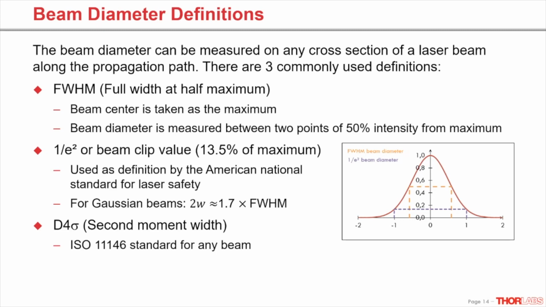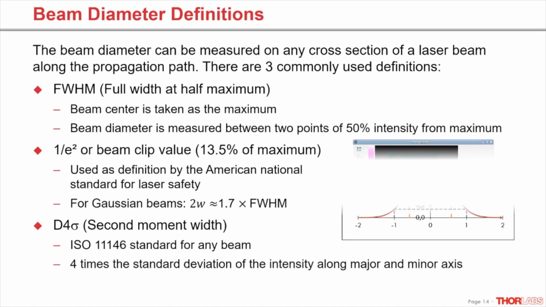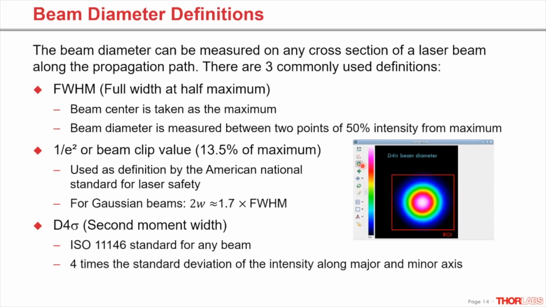So especially with camera beam profilers that can see the full cross section, the ISO 11146 recommended second moment width or D4 sigma method was established. It uses the full region of interest, ROI, and takes 4 times the standard deviation of the intensity along major and minor axes.